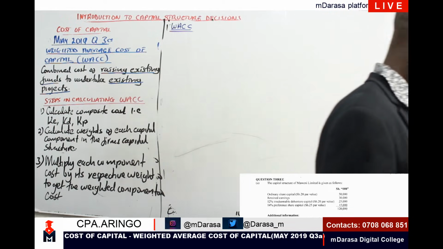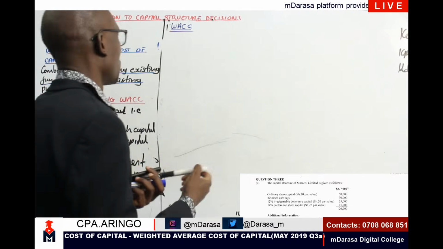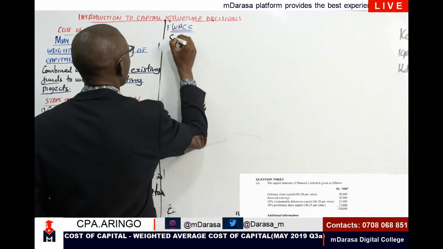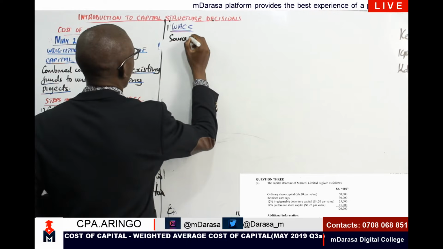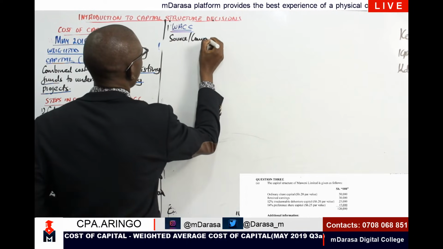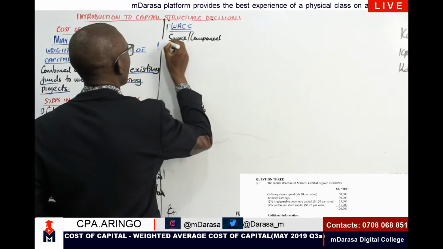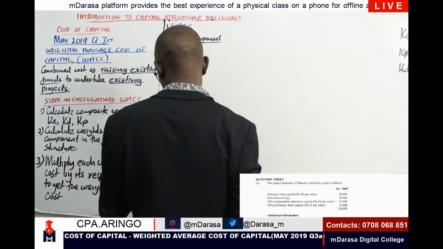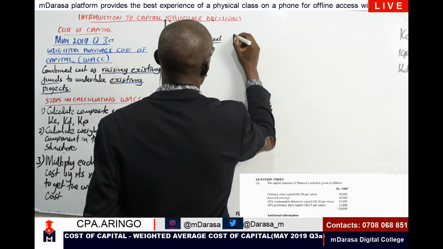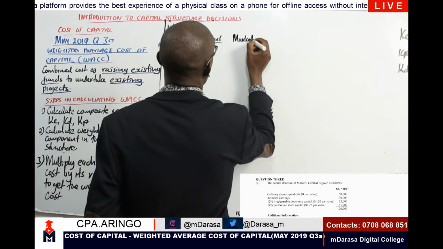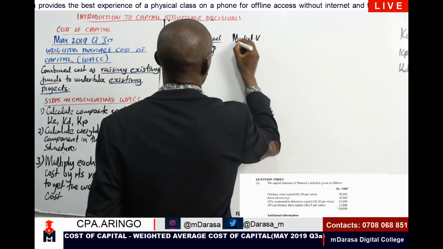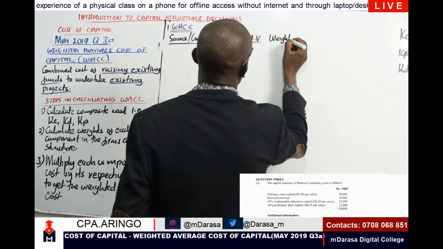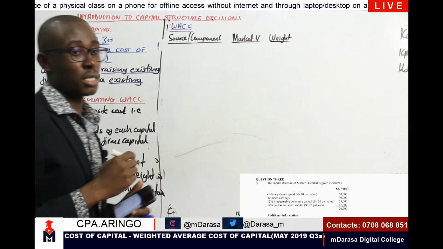Using the market value, we are talking of the component that you are looking at, the market values of our component. Then you can determine our weight here.